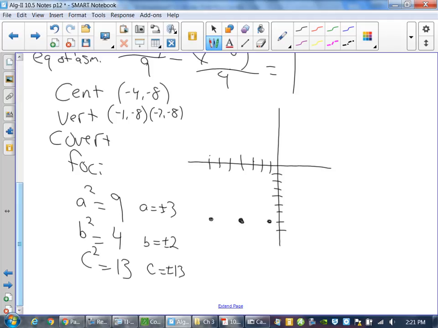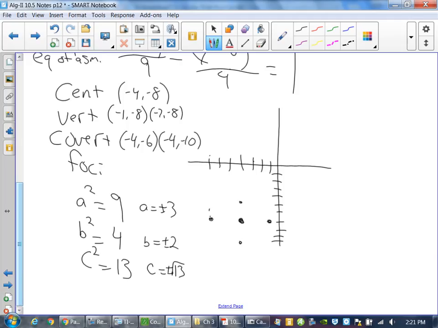Did I write? Oh, sorry, I didn't realize it. I was wondering why you guys kept saying that. I just forgot my symbol in. Co-vertices go up and down 2. So let's see, so we have -4, -6 and -4, -10.